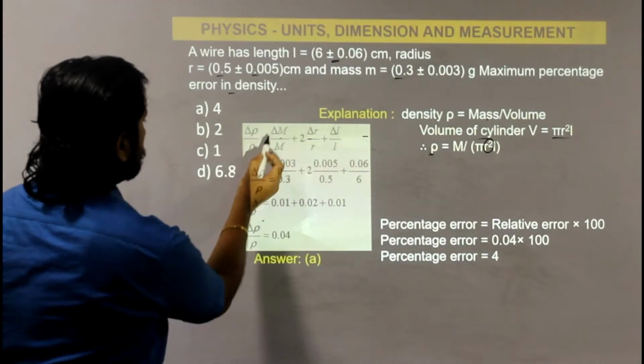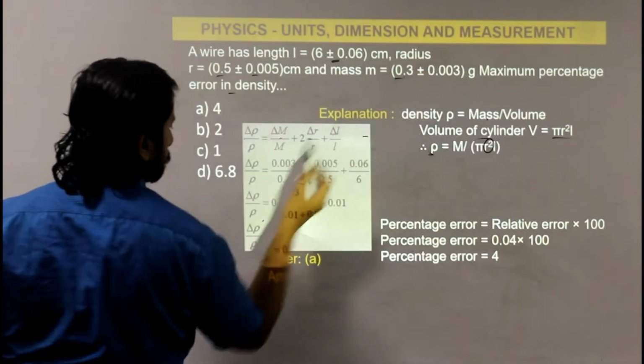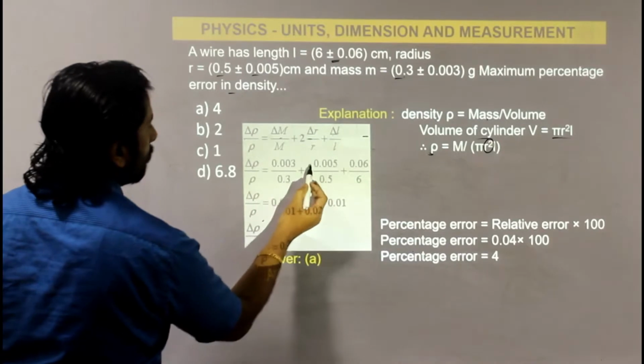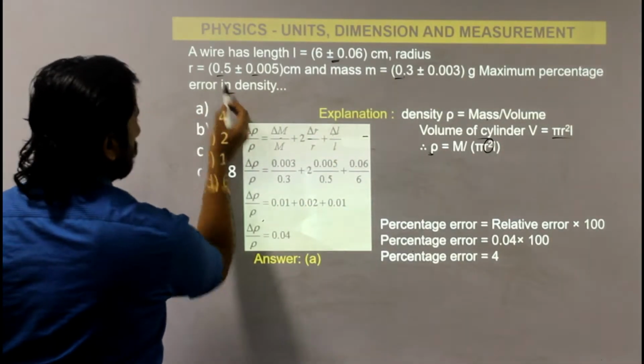So we have to give delta M. Delta M is 0.003 divided by 0.3 plus 2 into delta R over here.